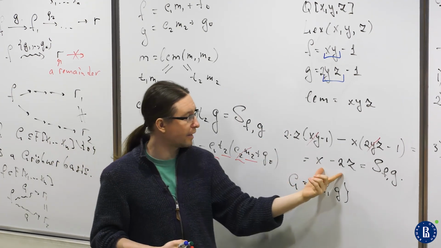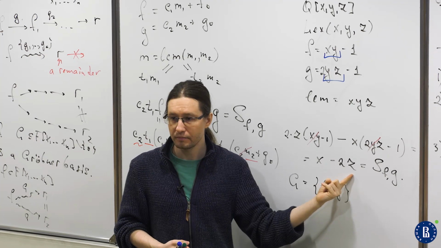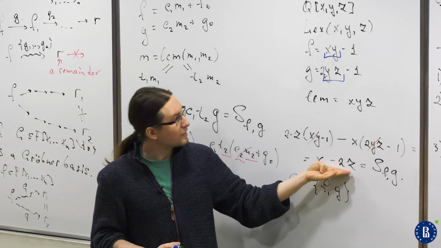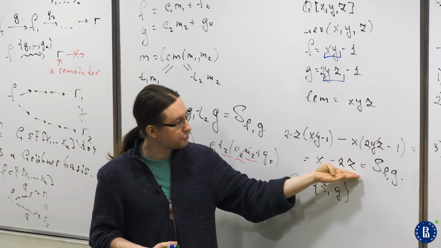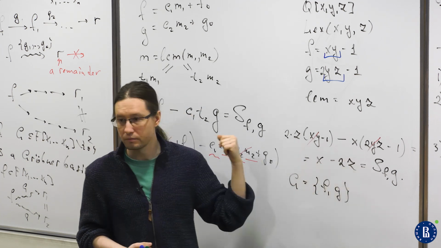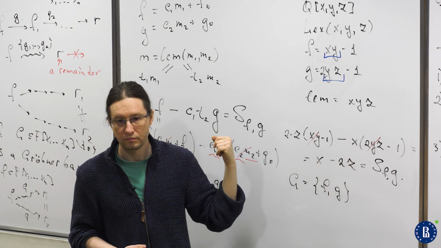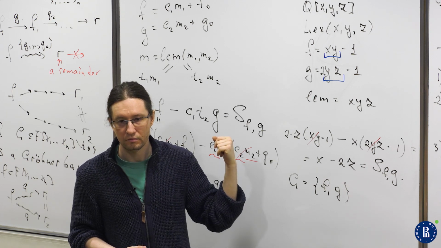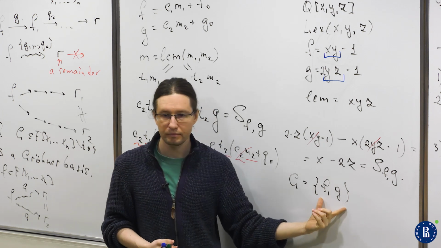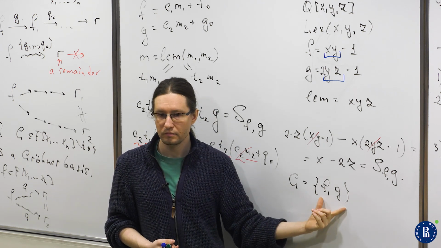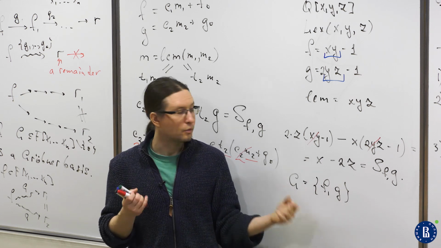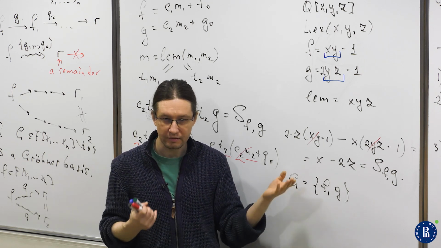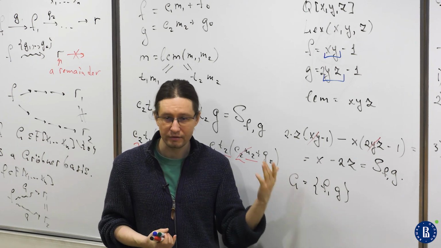We already know that the S polynomial is this one. Now, let's see. Is it possible to reduce the S polynomial to 0 with respect to this set? The answer I like, but now I need the reason.